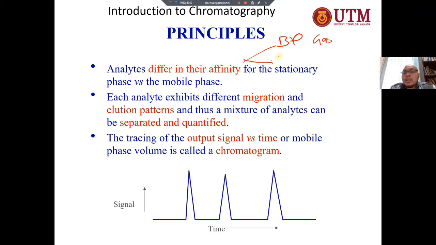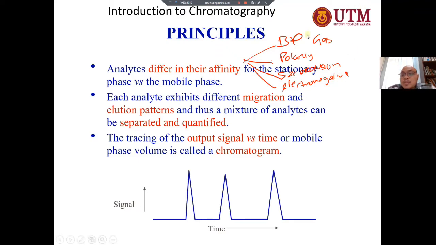It will involve the polarity, it can involve size exclusion, or maybe it can involve electronegativity. These are examples that can affect the preferences of the analyte.